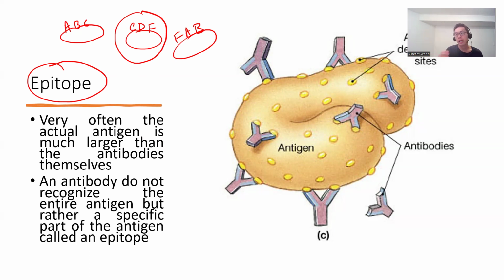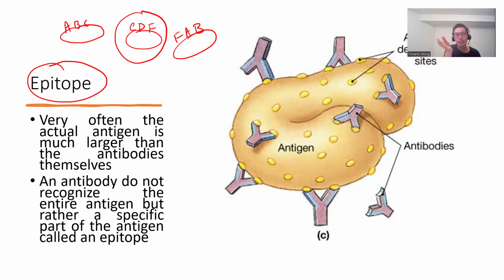So long story short, when people create a vaccine, they have to select, and we're going to talk more about vaccines later, but especially with the mRNA vaccines, you're making a portion of a protein, right? So you want to be making a portion of the protein that is going to create the most effective antibodies, okay?